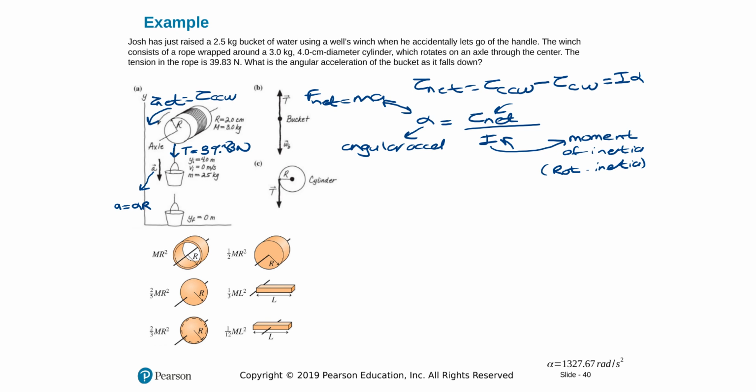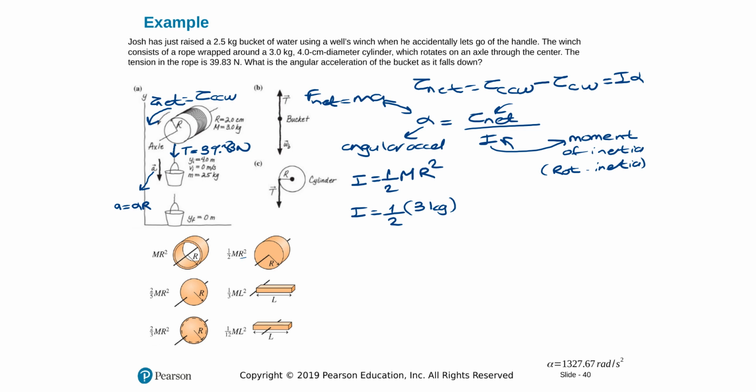Now we have a cylinder, and moment of inertia is not given, but we'll calculate it using 1/2 mr squared. Simple as that. We are given the mass and R. We'll use that to get to the inertia first. So inertia here is equal to the mass of the cylinder, which is 3 kilogram, times its radius squared.